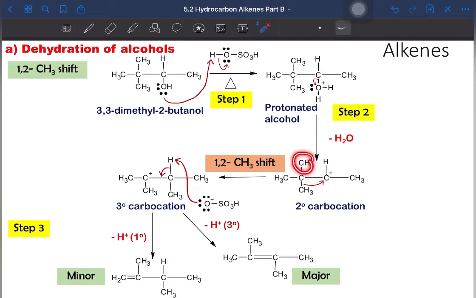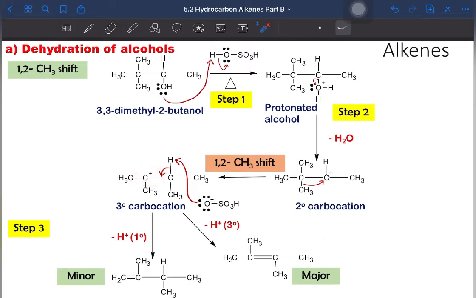So this methyl will shift to this carbon, and the positive charge here will transfer to this carbon. It's actually like swapping between the methyl and the carbocation's charge. So the charge for the carbocation will be transferred to this carbon, and the methyl group will be transferred to this carbon. Now we form the tertiary carbocation here.